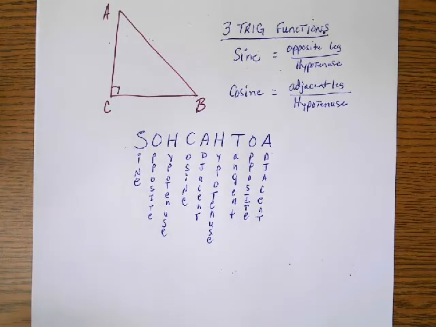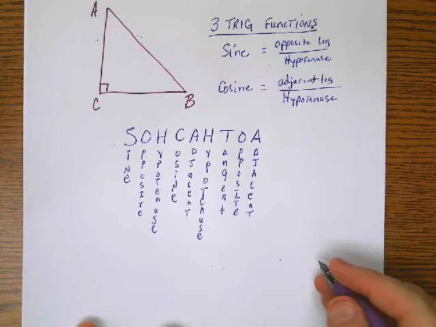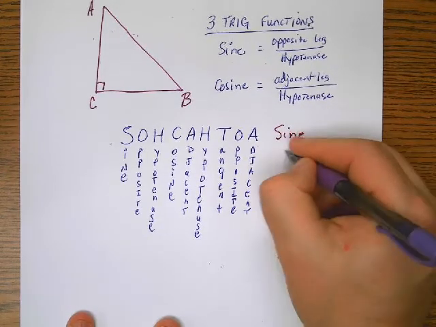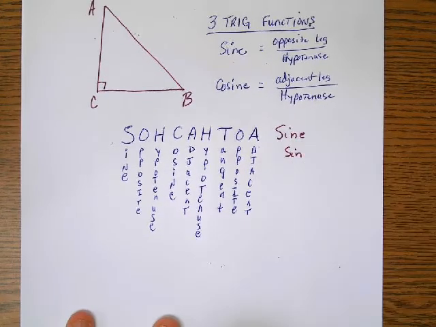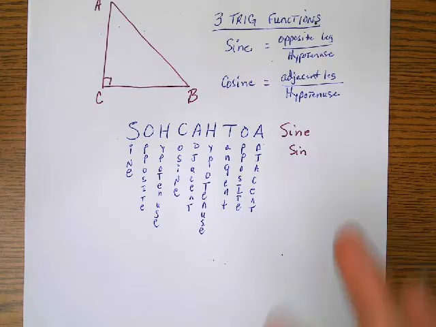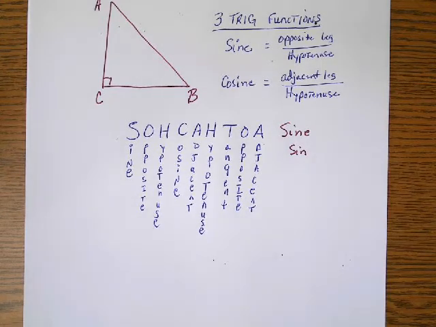Another trick to recalling these, okay? The abbreviation for sine is sin. Without getting into a deep theological discussion, let's just agree that sin is bad. We want to get away from sin. Sin is way over there, and we're way over here.